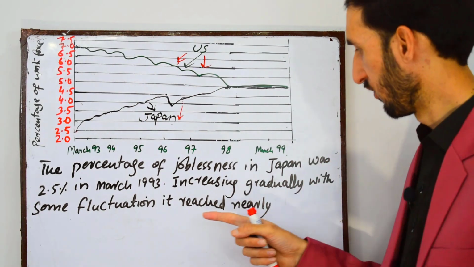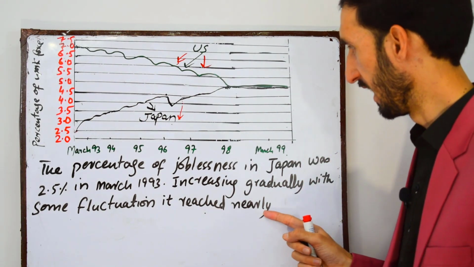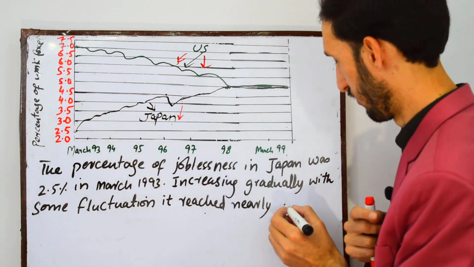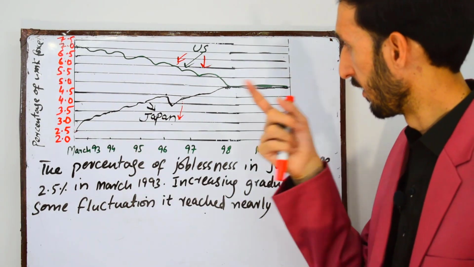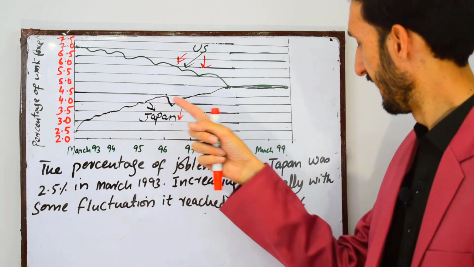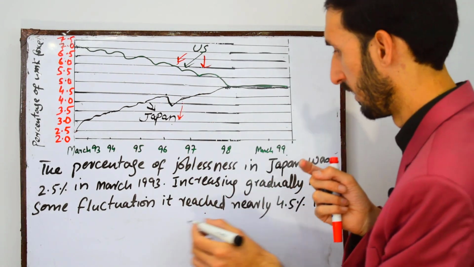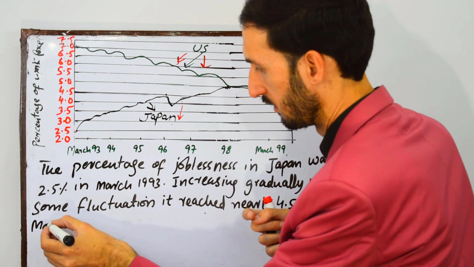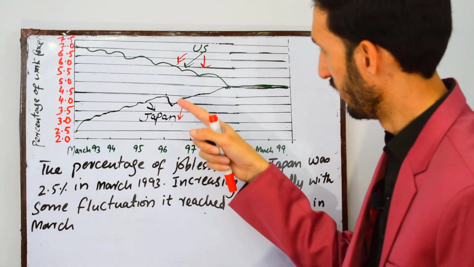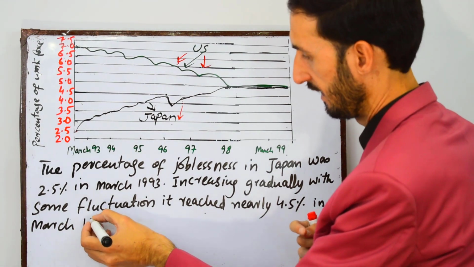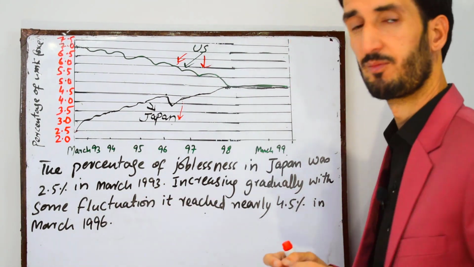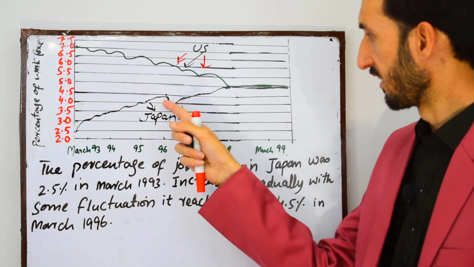So that's why I've written it reached nearly 4.5% in March. Which year? Now there is a year, 1996. In March 1996. Got it? So it reached here.